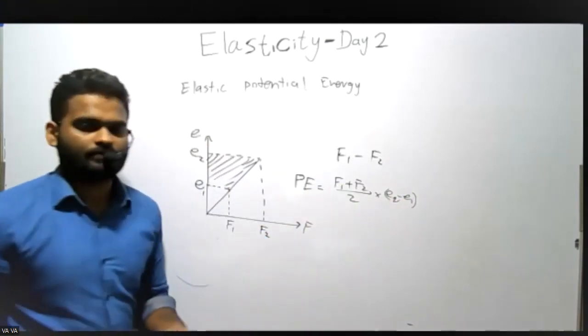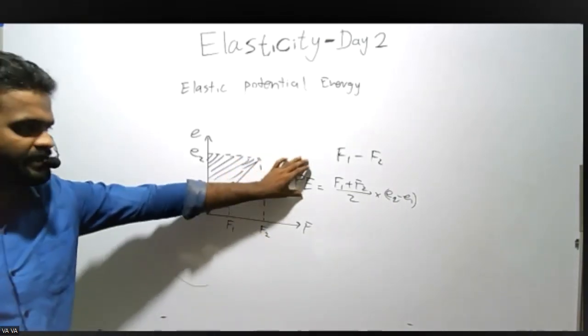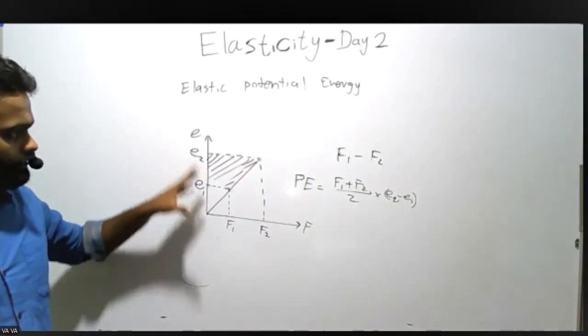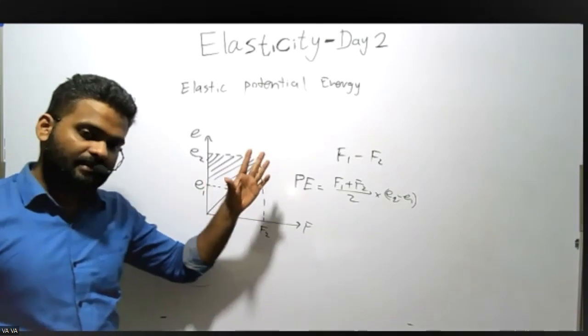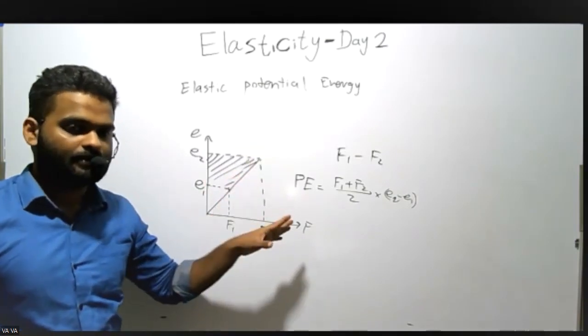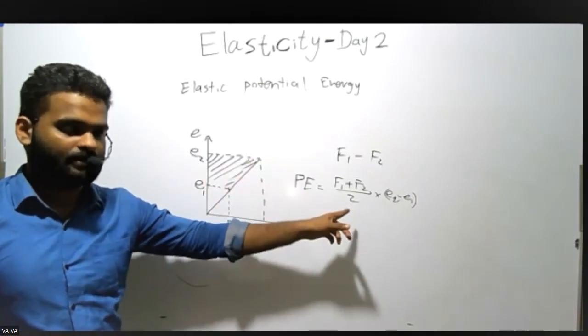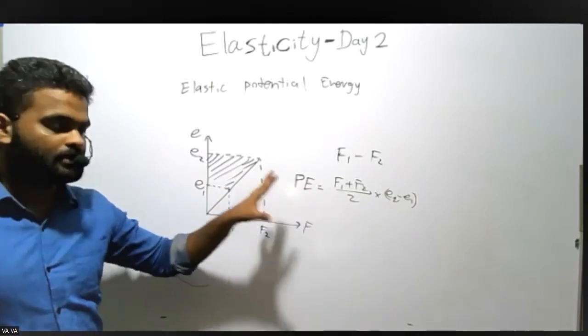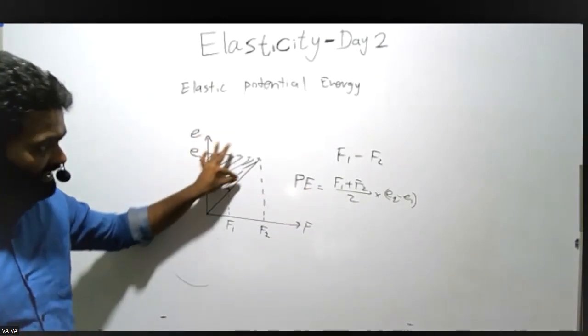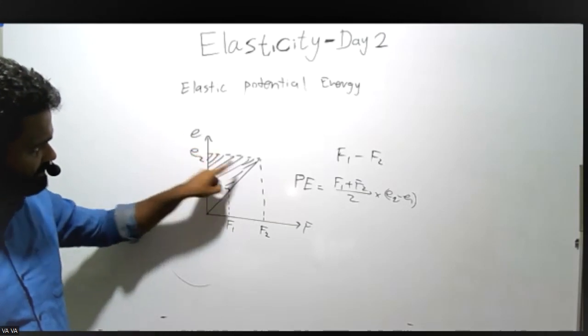From this you can find the potential energy stored. In a case like this, you cannot apply half Ke squared. Just remember that you always have to deal with the area between the E axis and the graph.